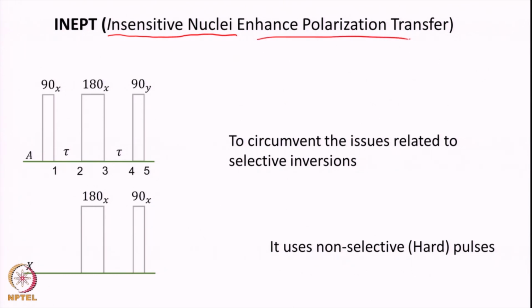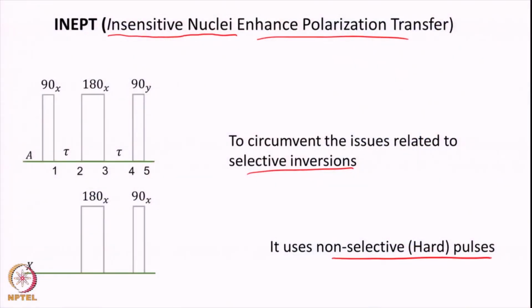So, what actually is it? It is a set of pulses that I am going to explain in a moment, and this pulse sequence helps to circumvent the issue related to selective inversion, because as we see, if the transitions are not far apart, then getting a 180 degree selective pulse is difficult.